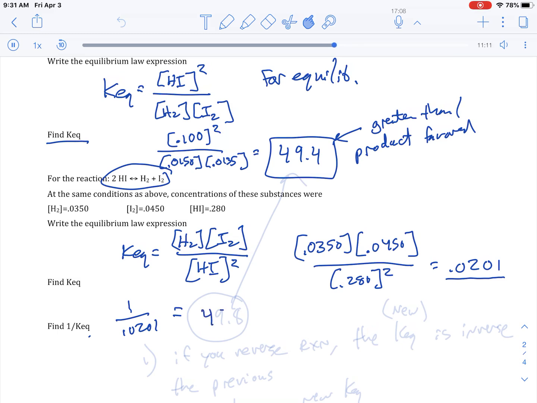That gives me 49.8. Does that look familiar? So this leads us to our first law of working with equilibrium constants: this value and this value are the same, but in order to make them the same, we had to reverse the reaction and take the inverse of the K. So, law 1.